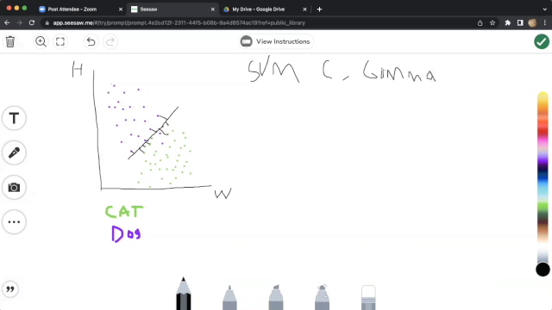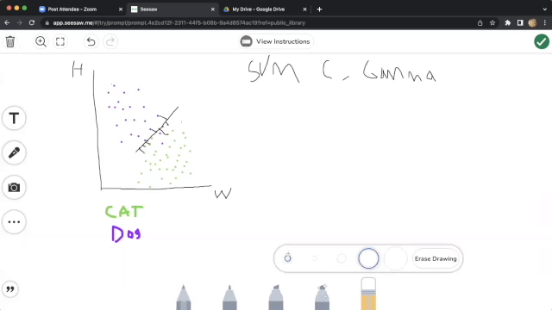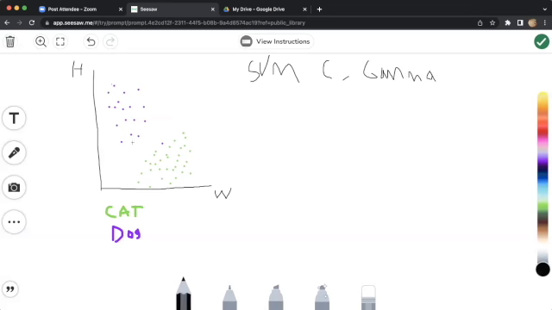When gamma is low, it means that when we draw this line, we take into account the distance of the support vectors further out.